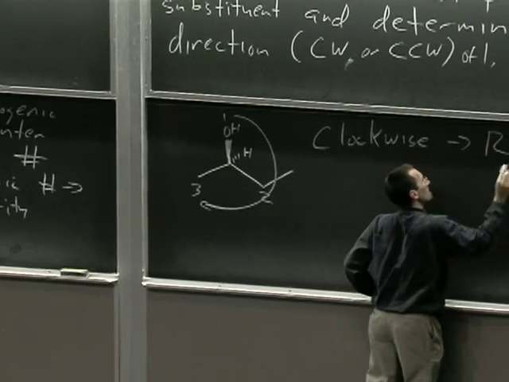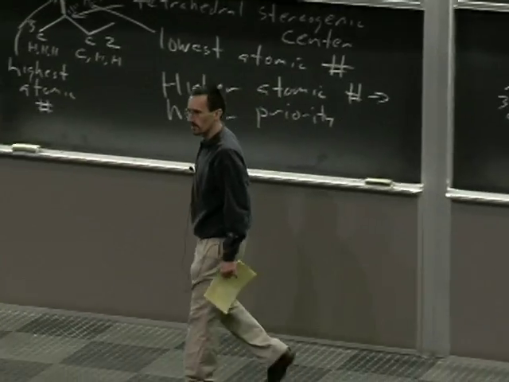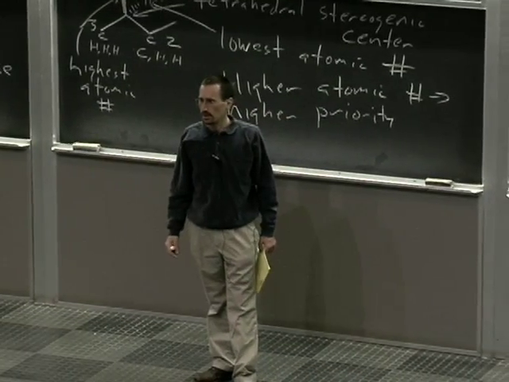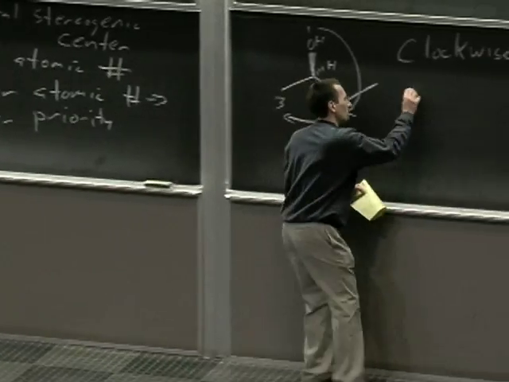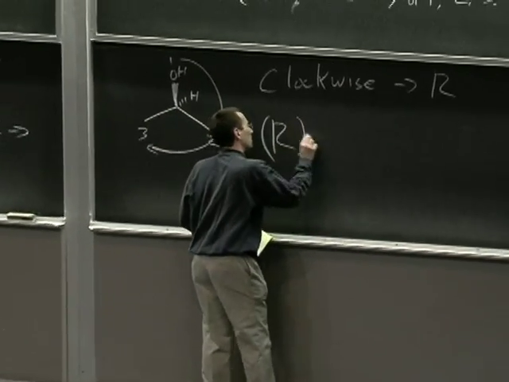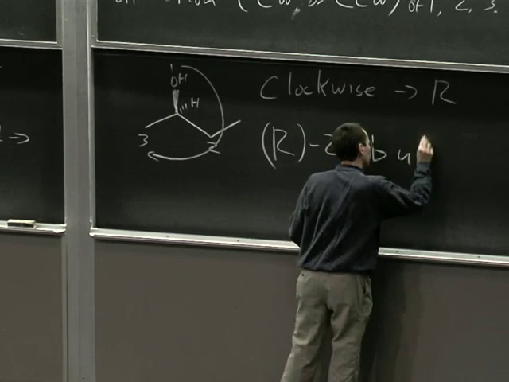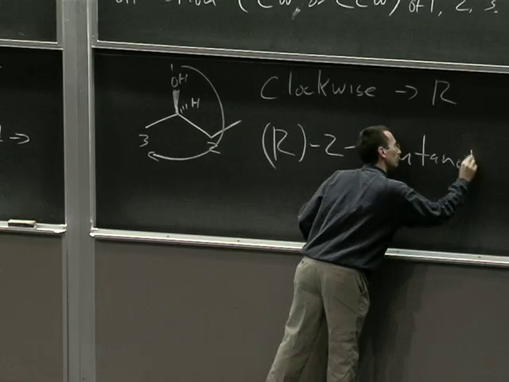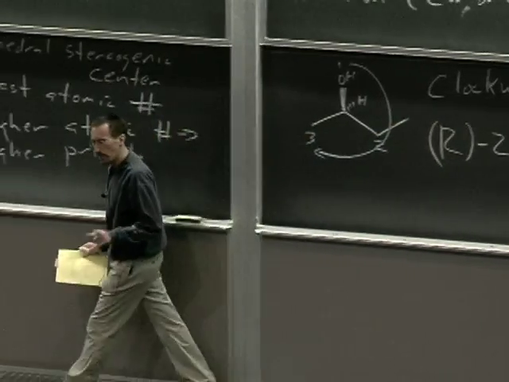And that means our tetrahedral stereogenic center is R. So we call this compound (R)-2-butanol. We always, by convention, put the R in parentheses.